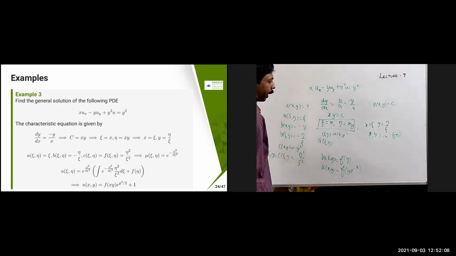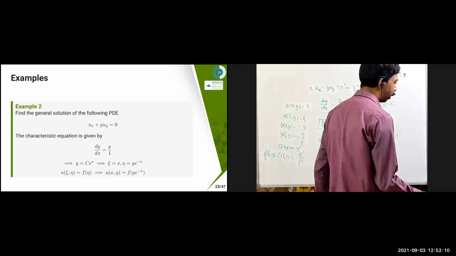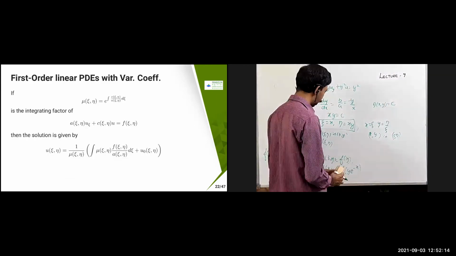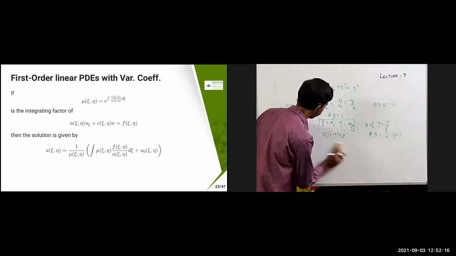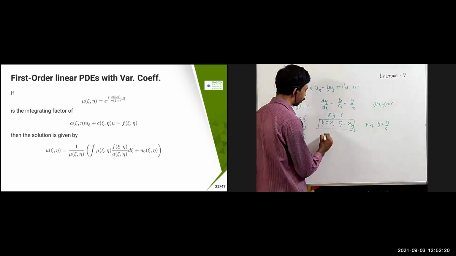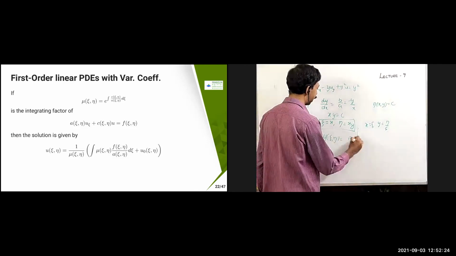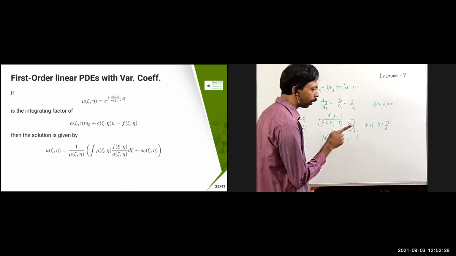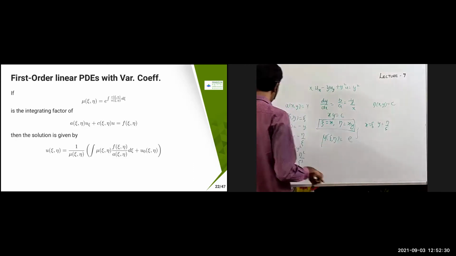Now what do I need to find? I have to find my integrating factor. The integrating factor is mu of chi comma eta, which is nothing but e power integral of a of chi comma eta divided by c of chi comma eta divided by a of chi comma eta.